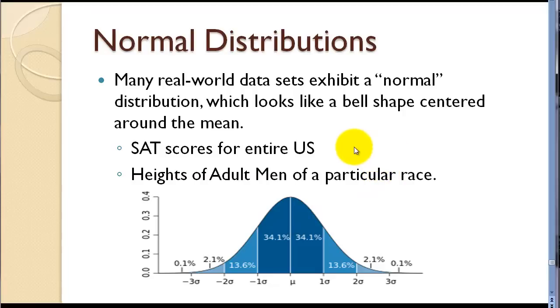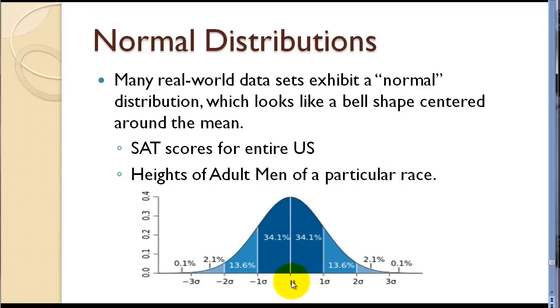Many of you will be taking the SAT test soon, and if we plotted the SAT scores for all the students in the entire U.S., it would have this shape, as well as if we were collecting the heights of all, say, adult men in the United States, and plotted their heights, that would also have this shape.